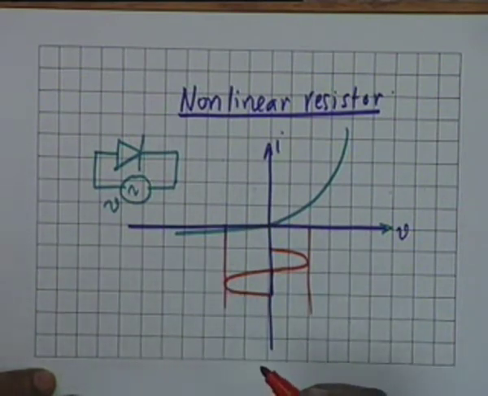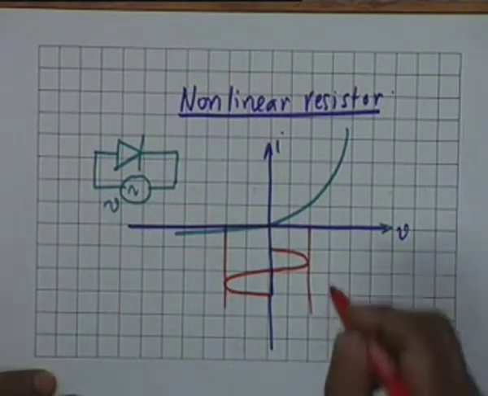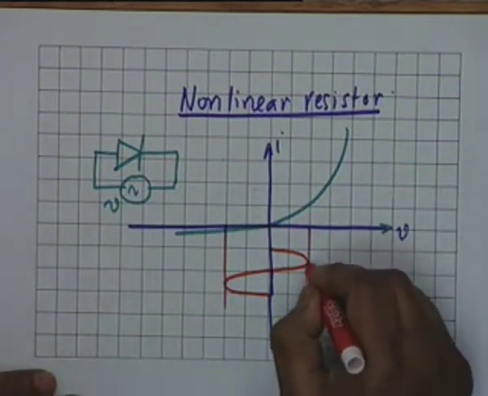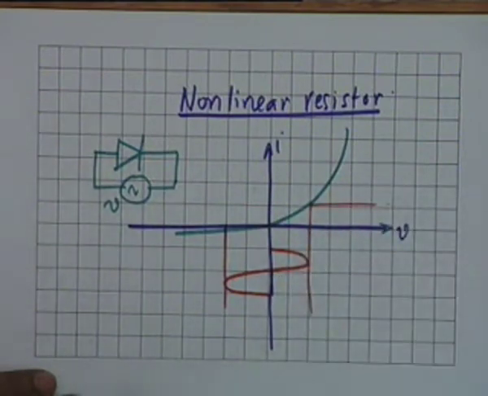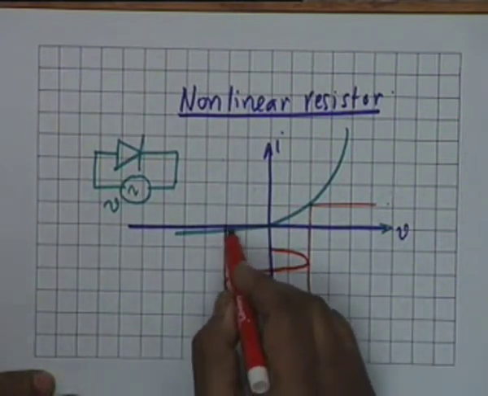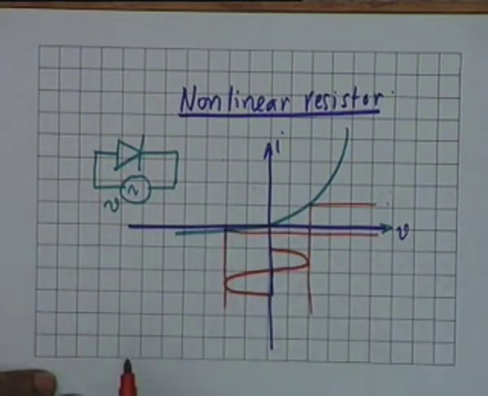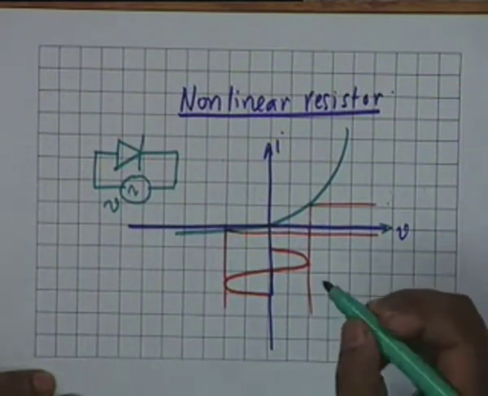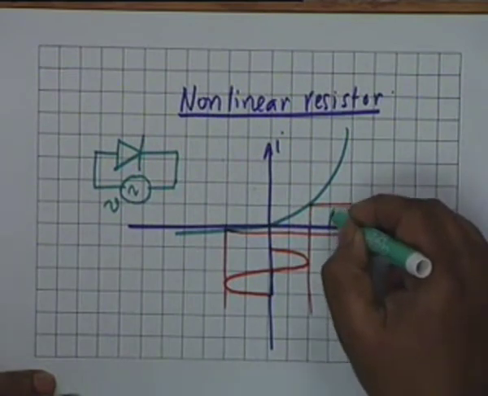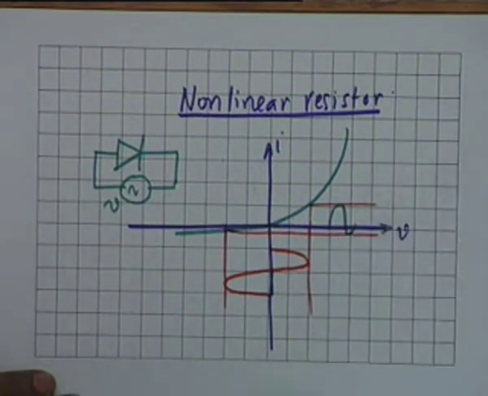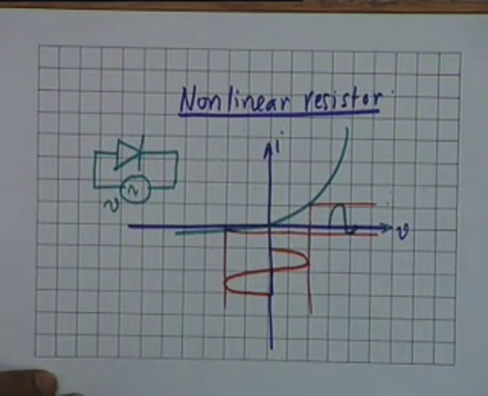Now, if you plot the corresponding current, obviously at this peak the current would be this much. If you extend this horizontal line, at this peak the current is this much, very small, and therefore the current waveform shall no longer be sinusoidal, it would be distorted, like this. There would be very little current when the voltage is negative. The current flows merrily when the voltage swing is positive.